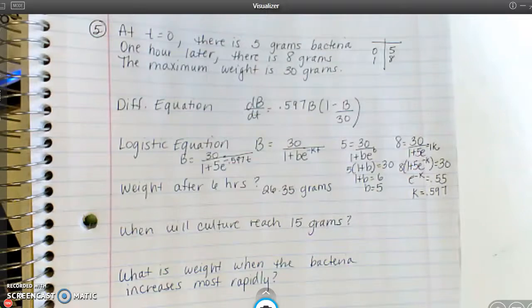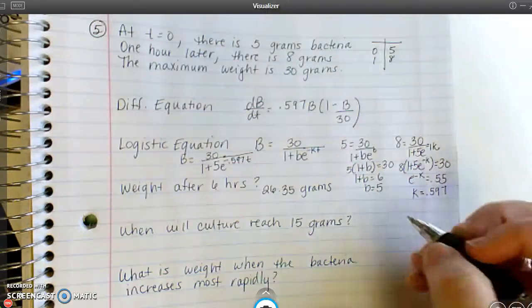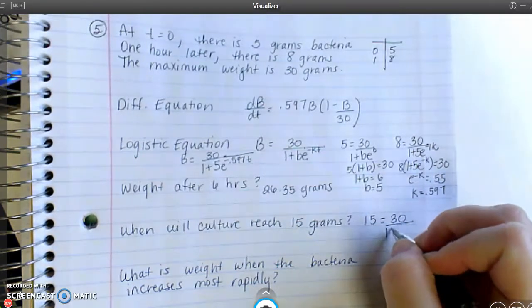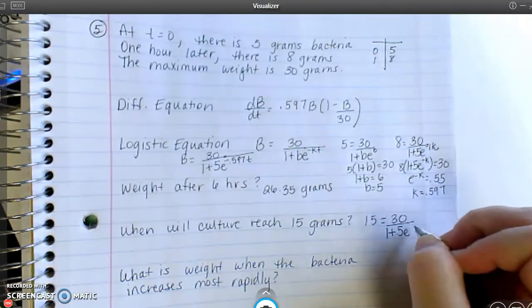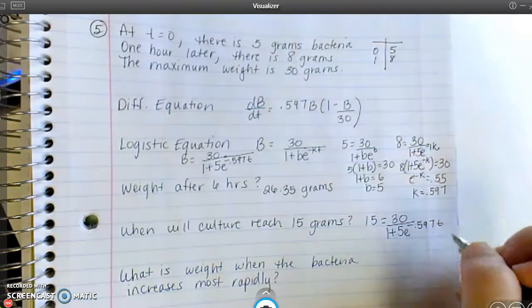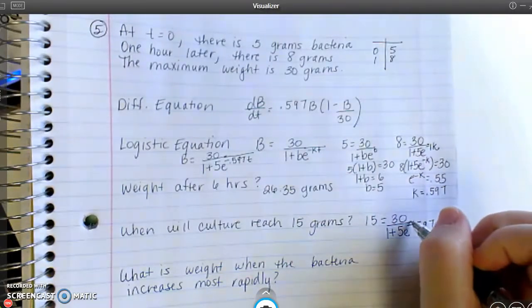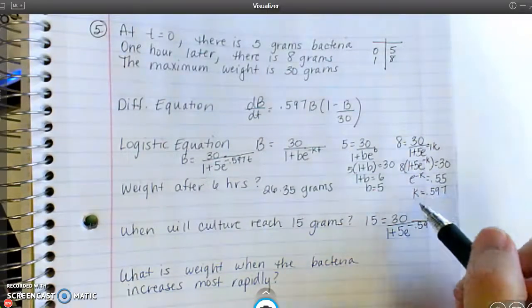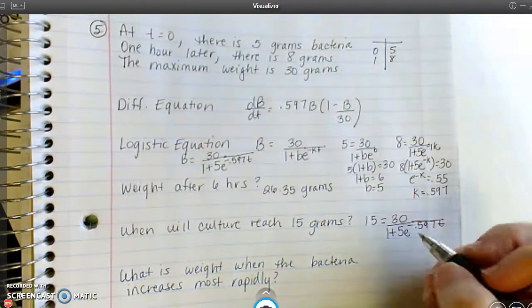Next it says, when will the culture reach 15 grams? Well, that's whenever you have 15 equals 30 over 1 plus 5 e to the negative 0.597t. And you're trying to solve for t here. It's similar to how we solved this here. You're going to cross multiply.